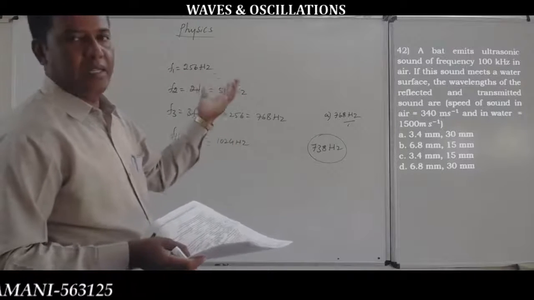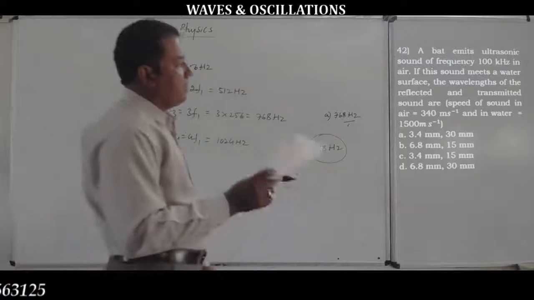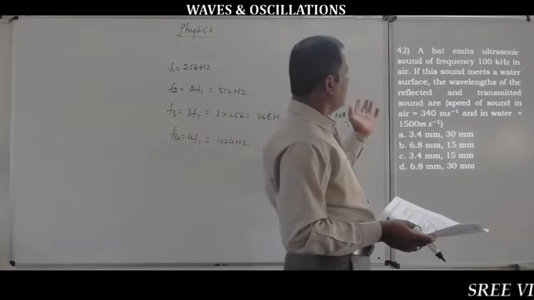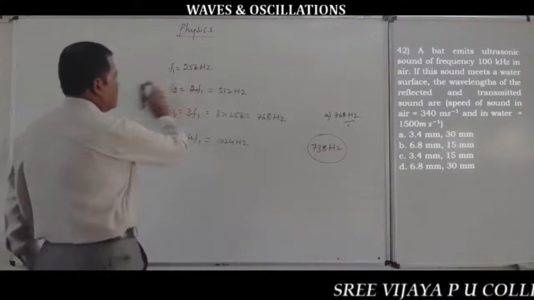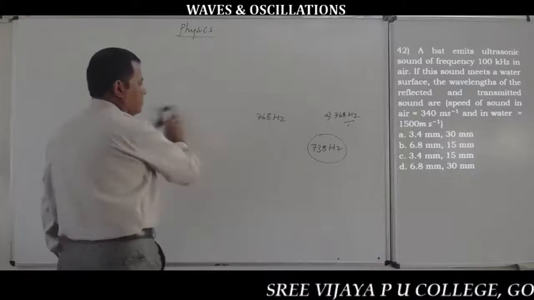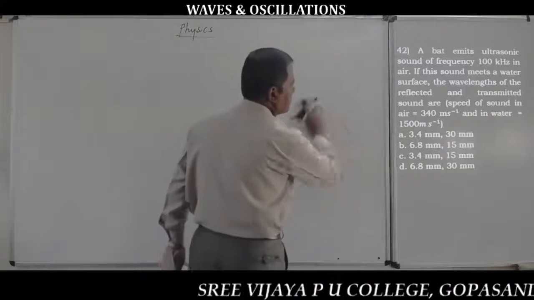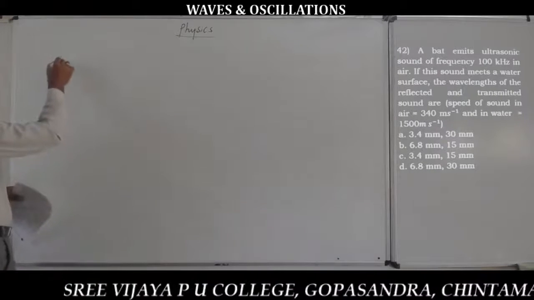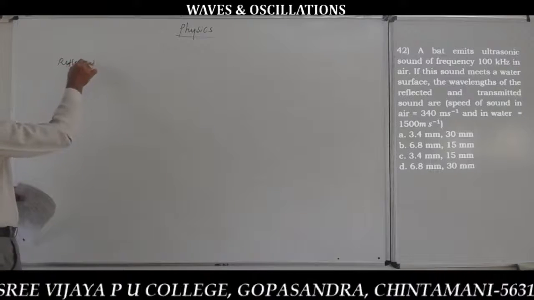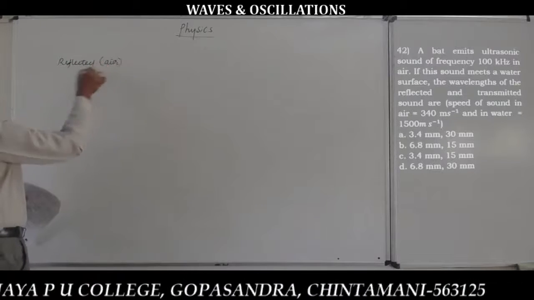So therefore you should consider the air medium for reflection. But for transmitted, the first medium is air, the second medium should be treated as water. First let me consider reflected. Reflected means it is bouncing back to the air medium itself.